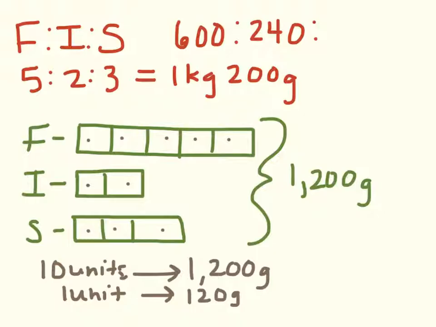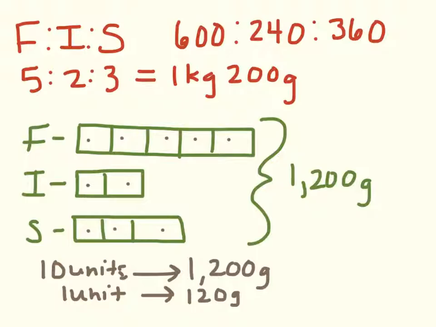And finally, the silica, with 3 units of 120 grams, would have been 360 grams. So the mass of the feldspar was 600 grams, the mass of the red iron oxide was 240 grams, and the mass of the silica was 360.